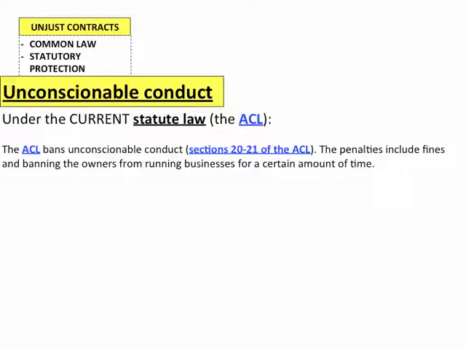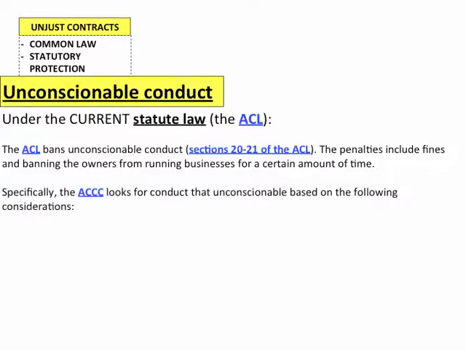So the ACL bans it, and what the ACCC are looking for when they're trying to work out whether it's unconscionable is the relative bargaining strength of the parties. So one is an illiterate parent of a child, and the child is taking advantage of them. Their relative bargaining powers are going to be very, very different.